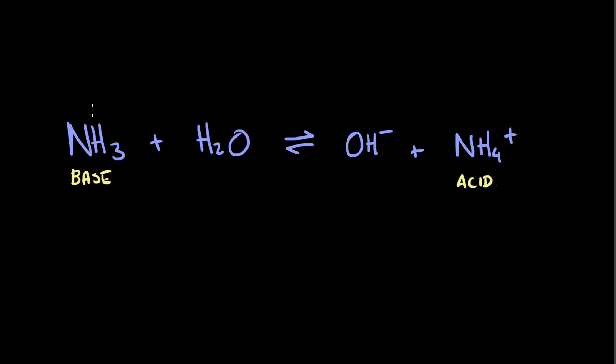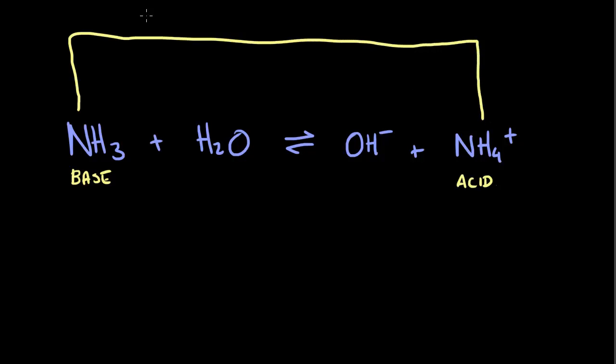We could show the fact that these are in a pair by linking them, for example. So these two are a conjugate acid-base pair. Our other substances that were involved in this reaction are water and hydroxide. The water, I can tell that it's going to be an acid, and I can tell that because I know the ammonia was a base.